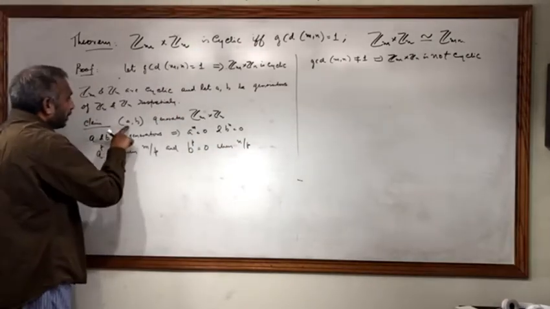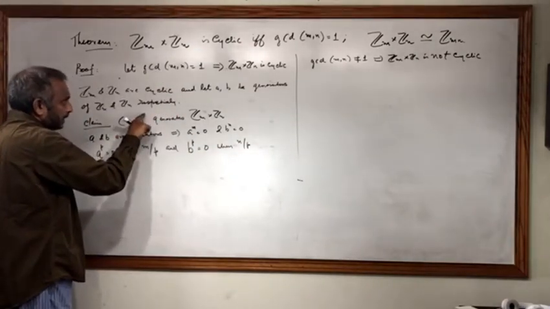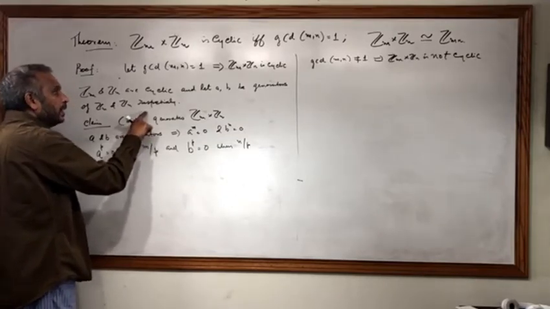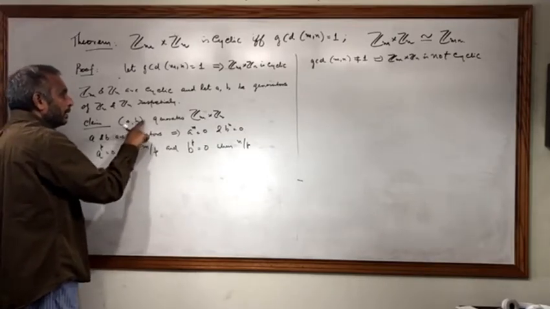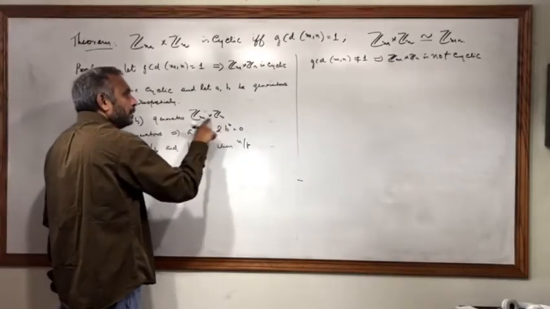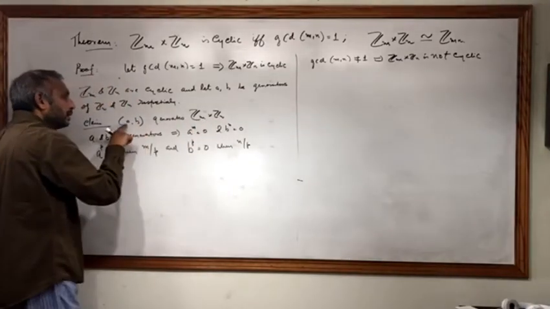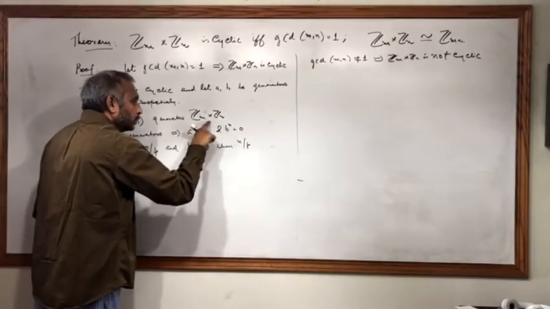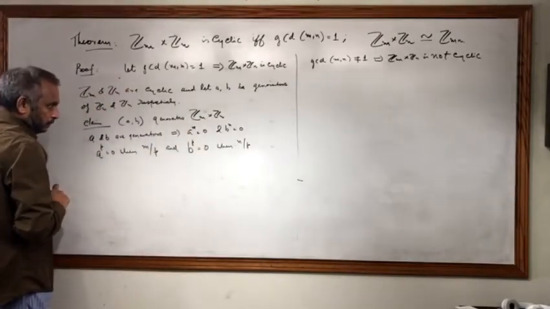We need to find out a p here such that it is equal to the identity, and see that if that number is equal to mn, we know that this element can generate all the elements of this group.